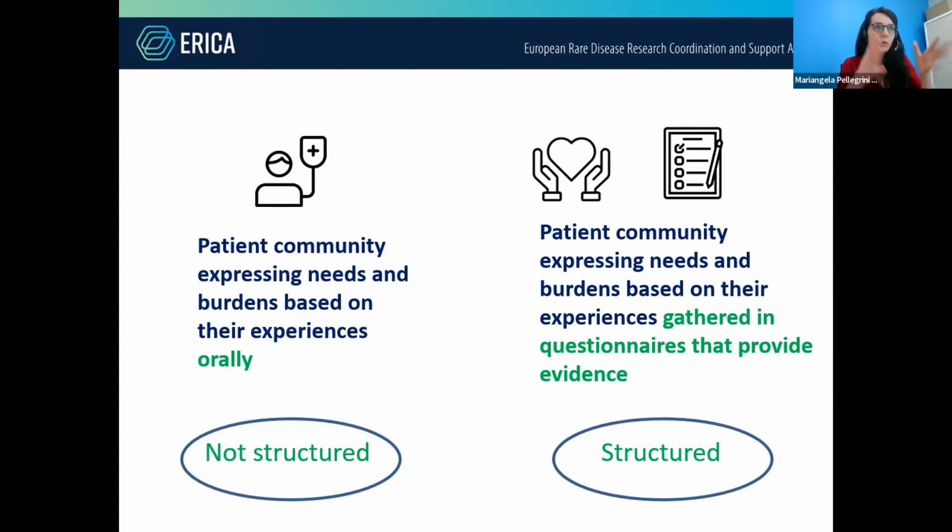Then we have the PROMs, so the questionnaires and the analysis of results, that allow us to structure all those needs, feedbacks and comments. Let's see how. Next slide, please.